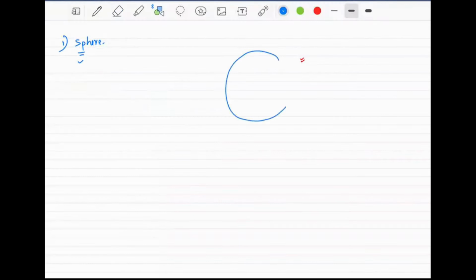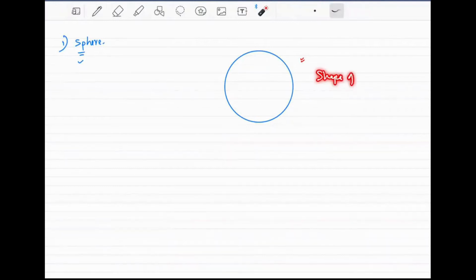Sphere is a circle, but in a 3-dimensional space. A circle, we can draw it on a plain piece of paper, right? But the sphere is a 3-dimensional thing. What is the shape of a sphere? The shape of a ball. The ball is a sphere.